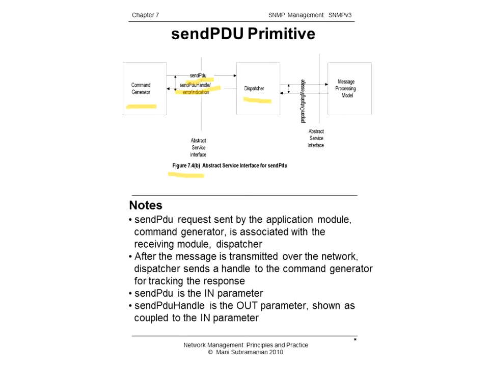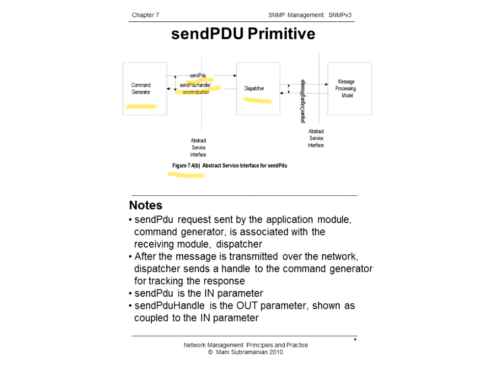The send PDU handle will be used by the command generator to correlate the response from the remote entity. There are no out parameters to be filled in this primitive except the status information.